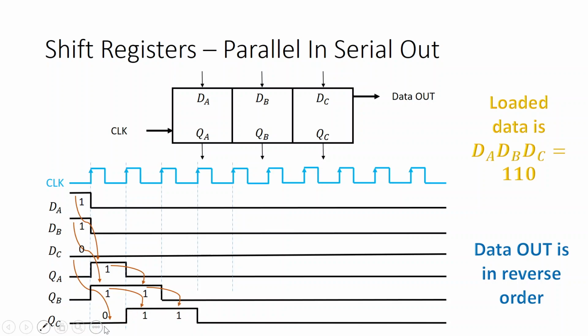Okay, so when you look at the data which is coming at the data out, which is the QC pin, you are seeing that first 0 is coming, then 1 is coming, then 1 is coming, but the data that you had fed was 110, and the data you receive is 011. So the data out is in exact reverse order. That is important to understand. The data out is in exact reverse order.